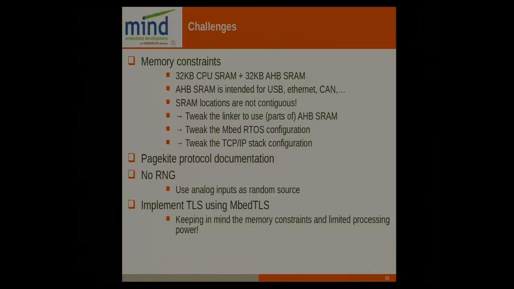There's also no random number generator on the microcontroller, so we need to do other tricks like using the analog input as a random source. There are discussions about whether that's a really true random number, but for now it's enough. You can use external hardware as well to create a true random number.